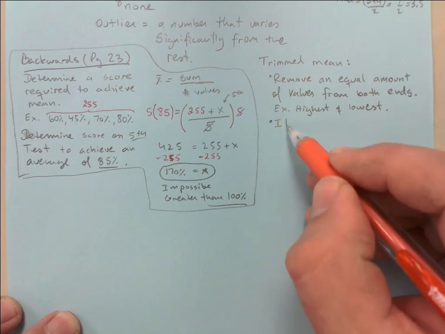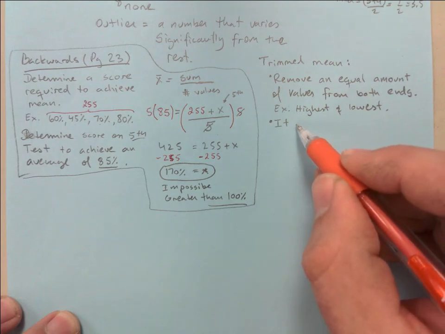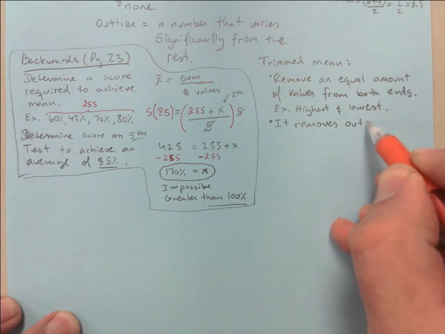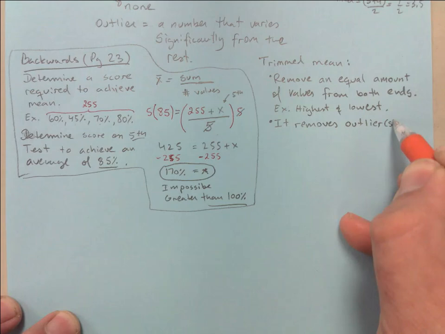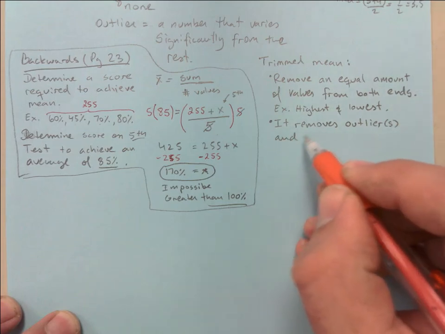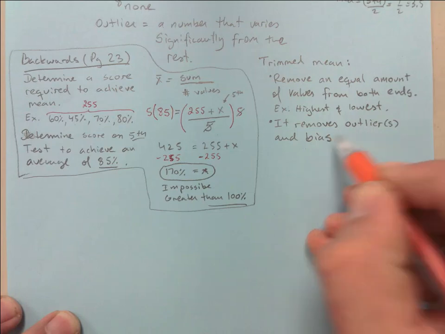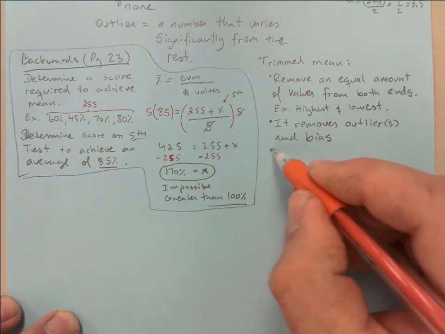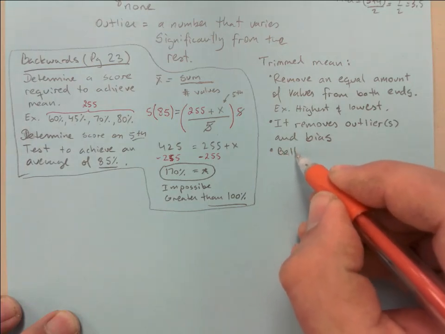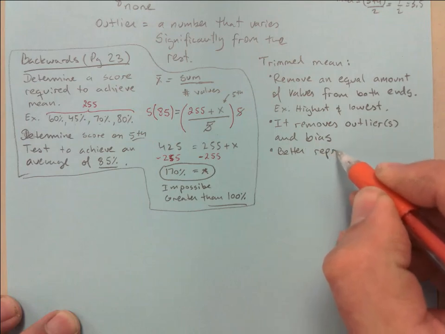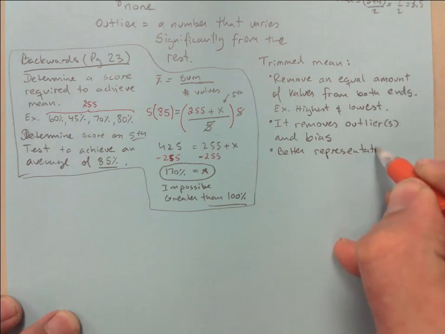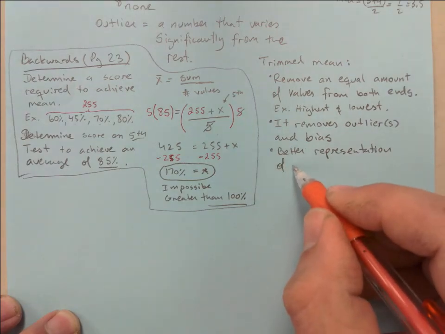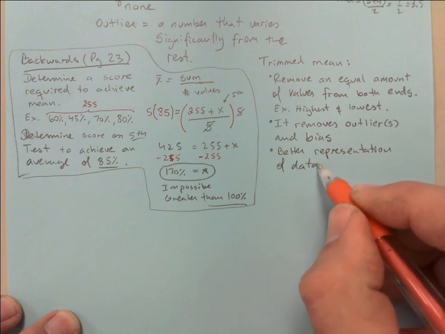It removes outliers and bias, right? Outliers and bias. Better representation of data. Okay.